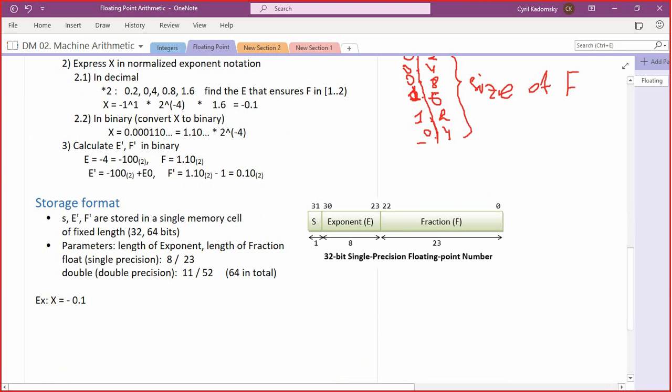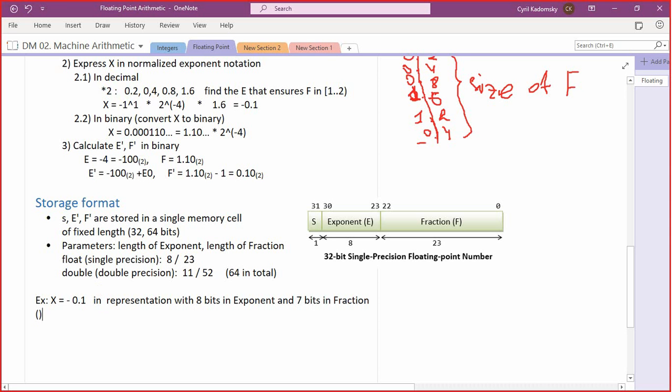We will store it in a representation with, let it be, like in the float, 8 bits in exponent and 7 bits in fraction.